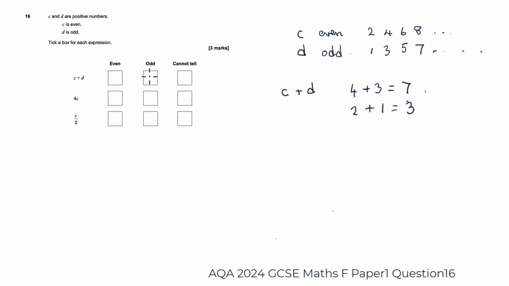C plus D will give us an odd answer. Now let's look at 4C. 4 times C. Now that's like 4 times 2, 4 times 4, 4 times 6, and so on. These are all even numbers.